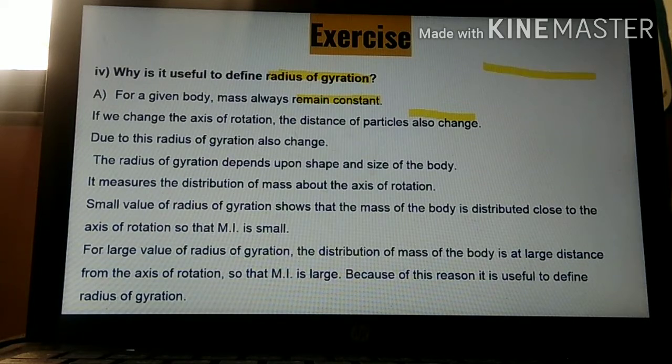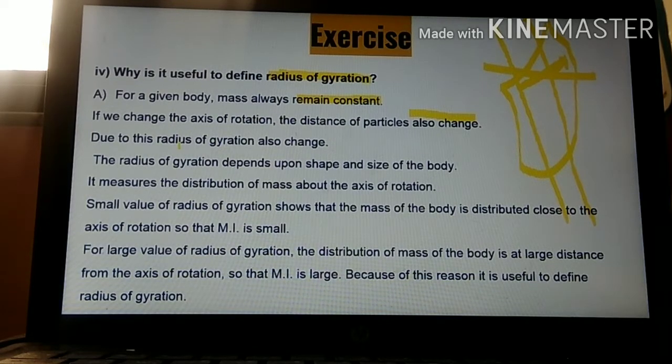Take for example this as the axis of rotation, and afterwards we change the axis of rotation over here. Then a particle which was previously nearer is now further away. So the distance is changing, and due to this, the radius of gyration also changes.